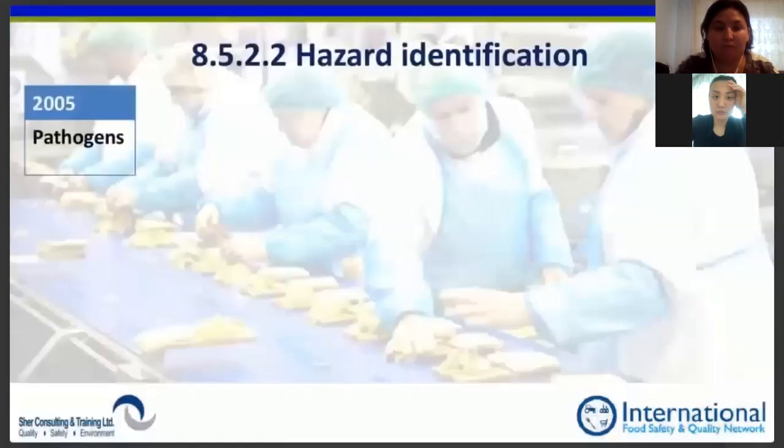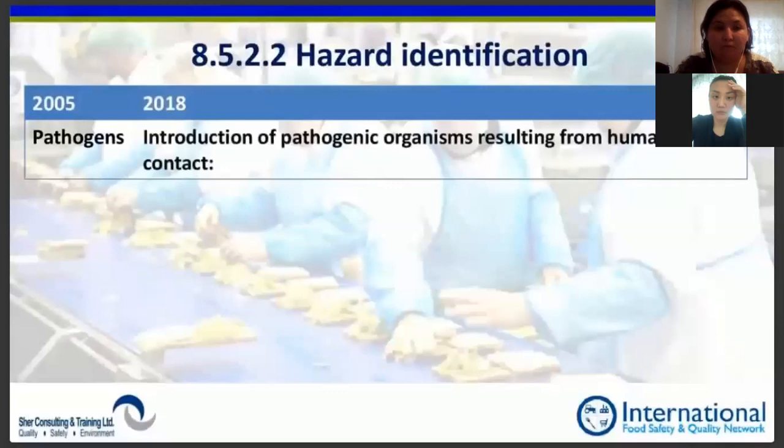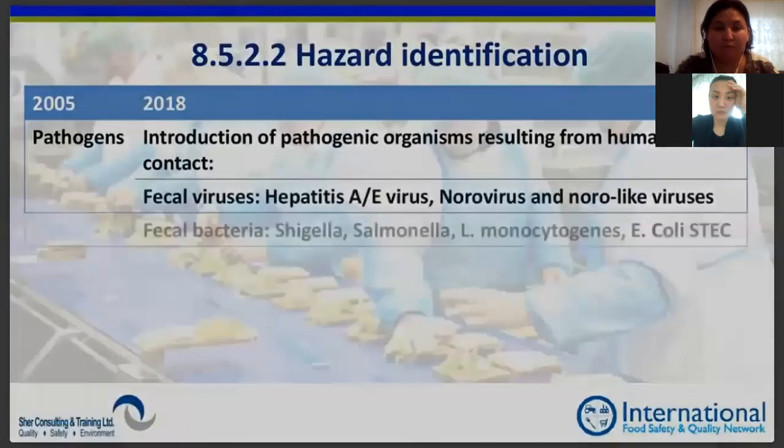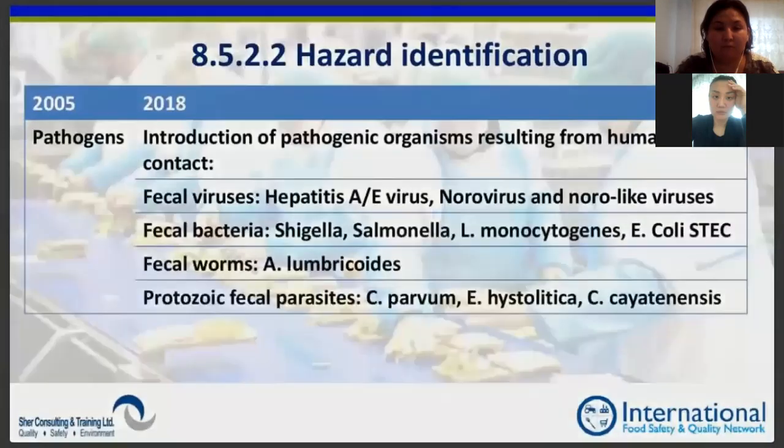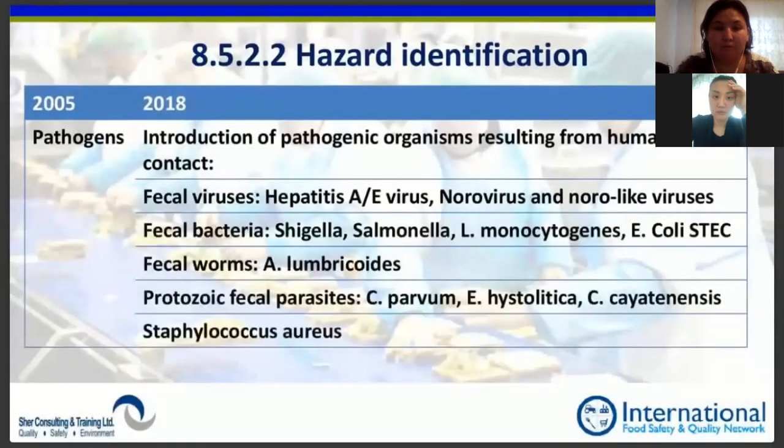So now I'd expect to see something beautiful like this. Introduction of pathogenic organisms resulting from human-hand contact, and then continue to write fecal viruses, fecal bacteria, fecal worms, protozoa, fecal parasites, Staph aureus. Now you're talking, now you're doing a risk assessment. Without specific reference to every single pathogen that can be transmitted from human hand to food, and talking about its likelihood and its severity and its control measures, you're not doing a risk assessment.